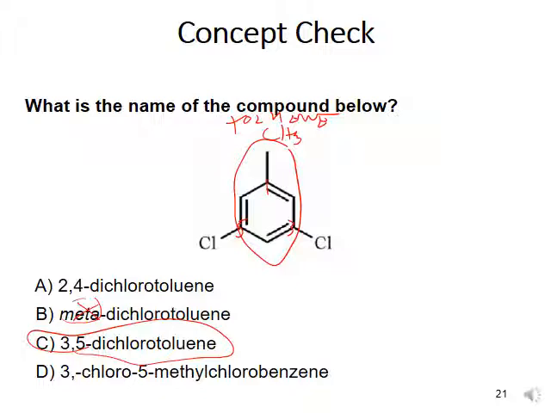And it's not 2, 4 because that's 2 and that's 4. Well, no, that won't work. Look, methyl chloro, 3-chloro, that doesn't work. We have to use dichloro. There's only one that works here. Number C. Good.